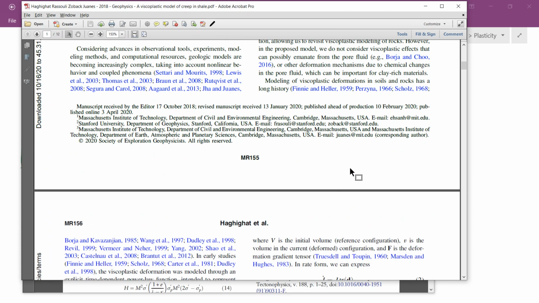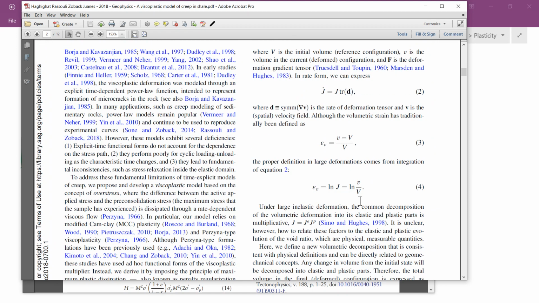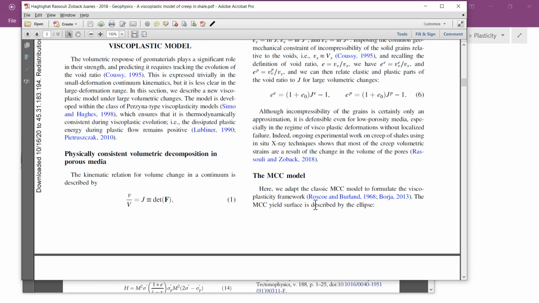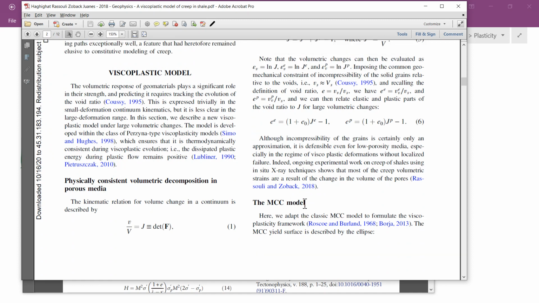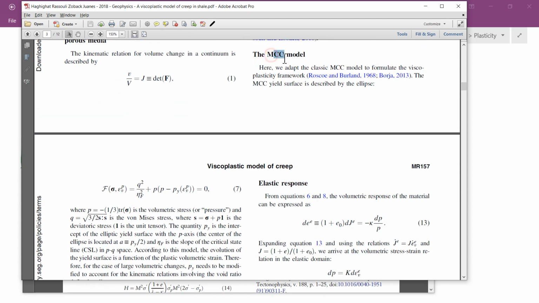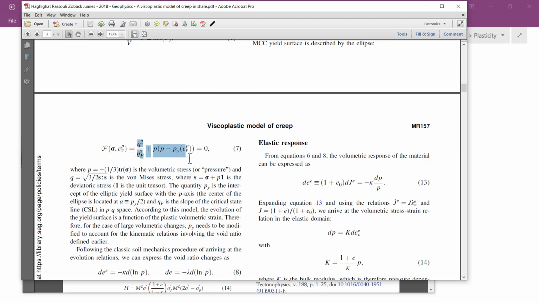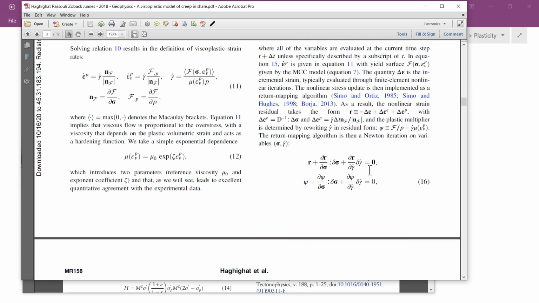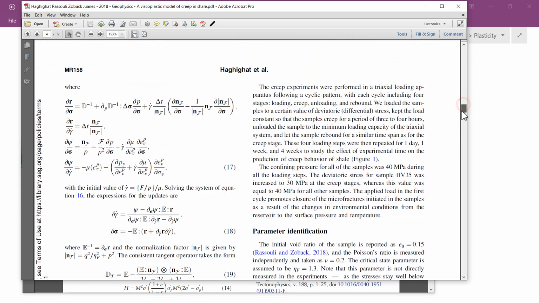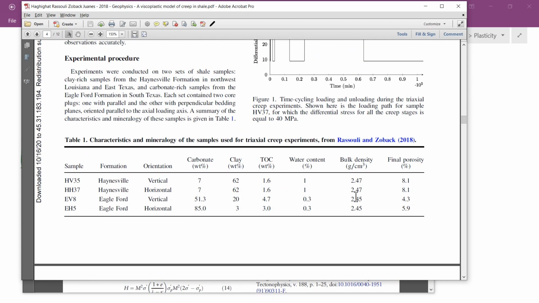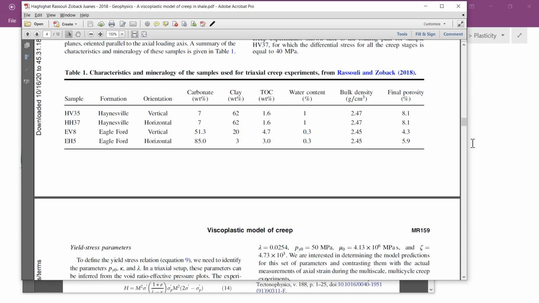And here the authors also go into deriving this particular model with very similar principles to the ones that we have used. Here you see, again, the void ratio is in there. This is the modified Cam-Clay model with a yield surface very similar to the one that we have seen before, similar equations, but now applied to shales, particularly to shales which are source rocks.